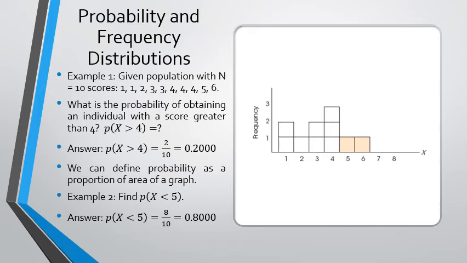I want you to also note that the probabilities for each of the sides of the graph are going to add up to 1.00. So you had 20% of the scores greater than 4 and 80% of the scores less than 5, and the total adds up to 1.00 or 100% of the scores.